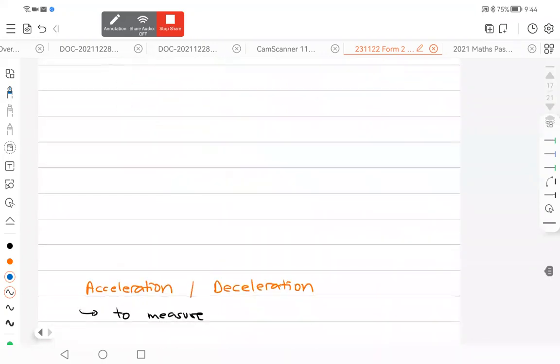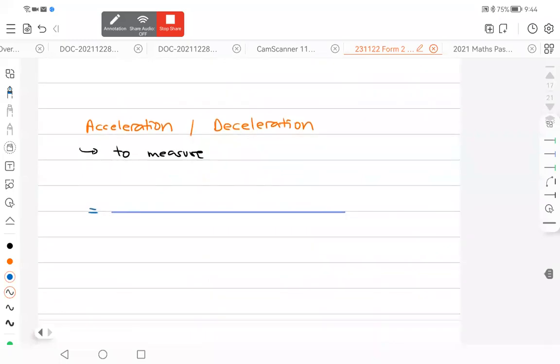Okay, then we have acceleration and deceleration. So both are to measure what? The changes in speed.